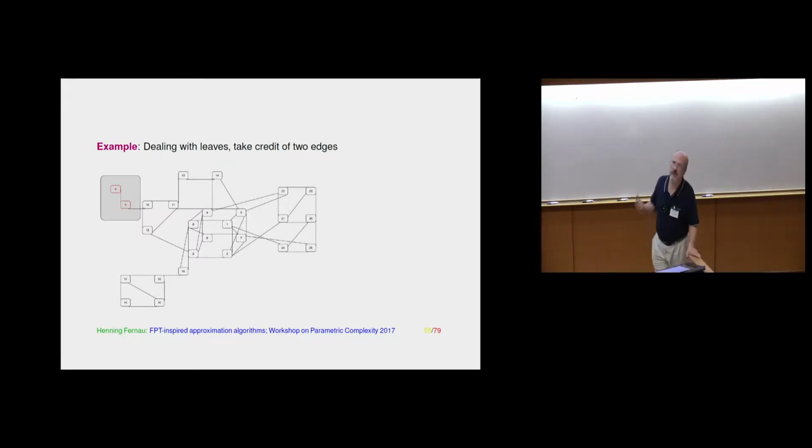So it's an exact rule. What is this rule telling me if I don't look at parameters? Basically it tells me to remove this piece of the graph, so these two vertices and these two edges, and continue. And it is fairly easy to reconstruct the solution of the original graph once I found the solution of the rest of the graph.